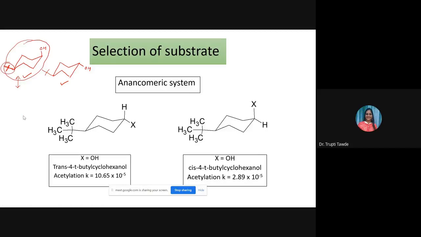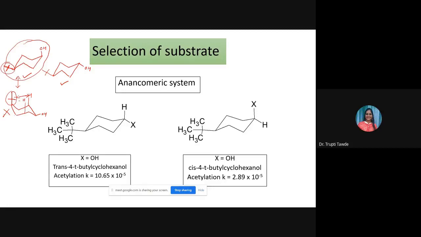But at axial position, it is not going to be stable, because tertiary butyl group, if at all comes at the axial location, for example like this, see what will happen, this tertiary butyl group goes at the axial location, and this OH will come to equatorial location, right? In this particular position, what will happen to this tertiary butyl group? It is going to experience this 1,3 diaxial interaction, and this repulsion is going to make this structure unstable, so it is not possible to flip the ring to this structure.